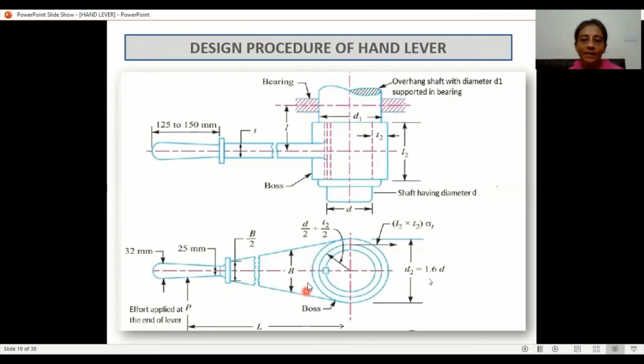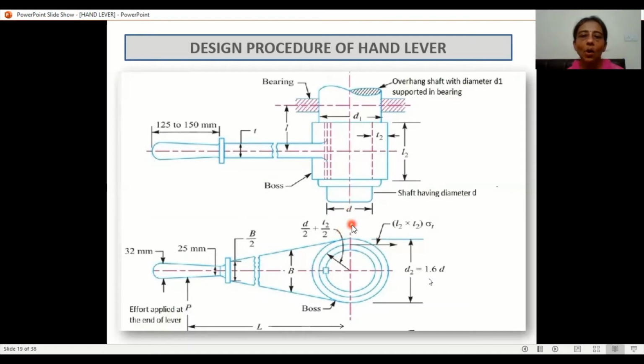At this end width is B and on the other side width is B by 2. This one is a handle to operate the lever and we are going to apply the effort at the end of the handle.